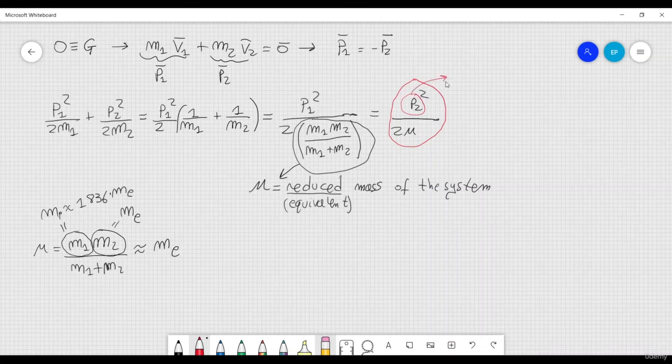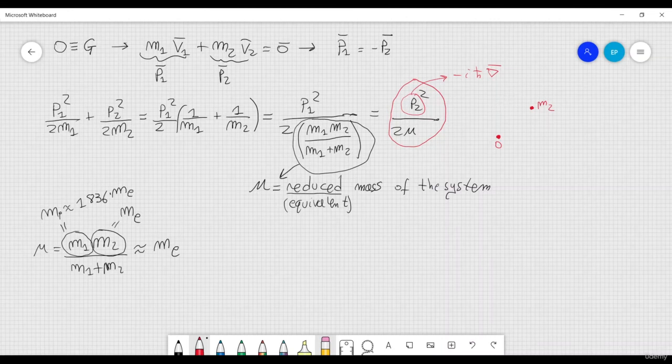So this will be just some minus i h bar del, where in this case this del here is the distance. So we have to consider the operator where we have a particle here, which is the electron, m2. We have an origin, which is located at the center of the nucleus, and then our coordinates are simply measured from this point here, and that's it. So it's pretty straightforward in this case.